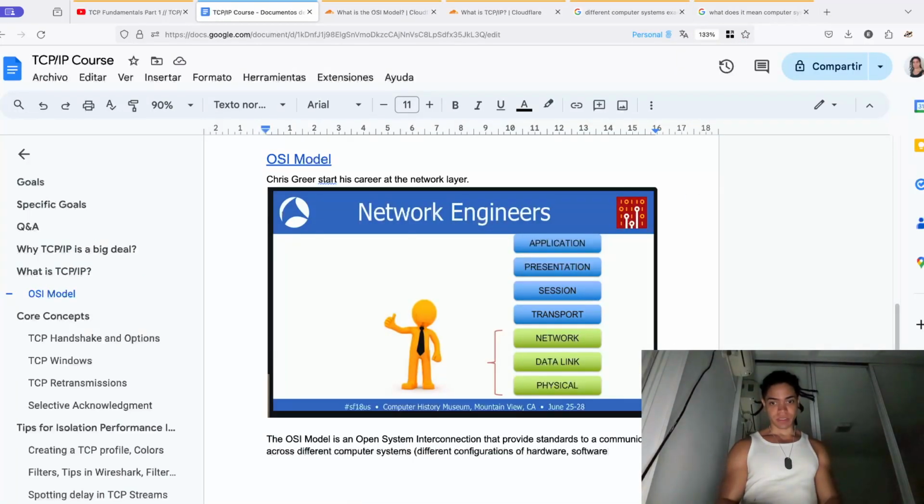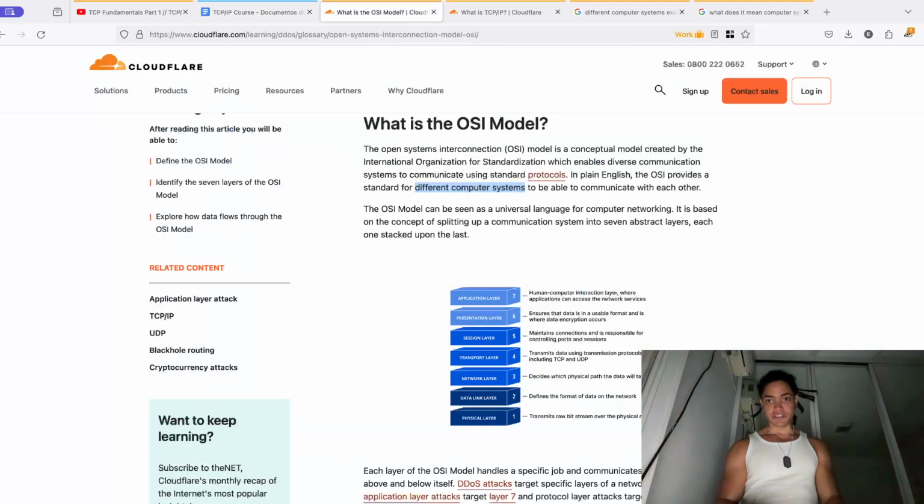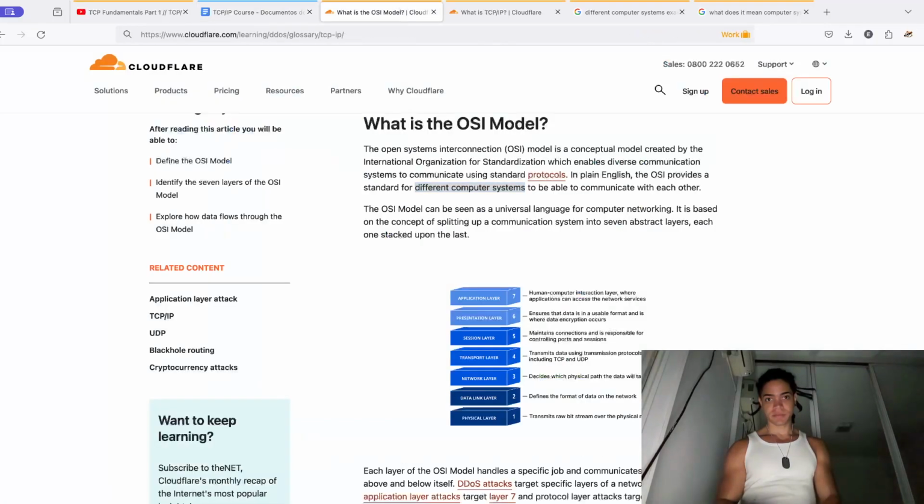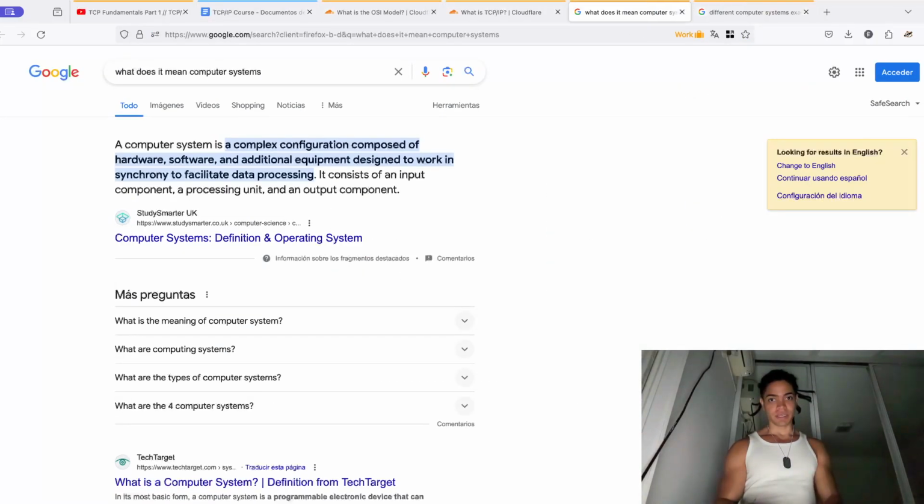So, different configuration of hardware, software, and additional equipment for data processing, because that's the entire goal of this.